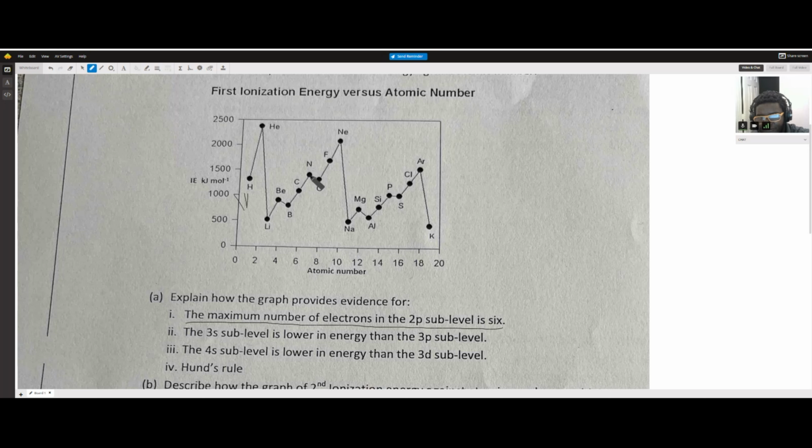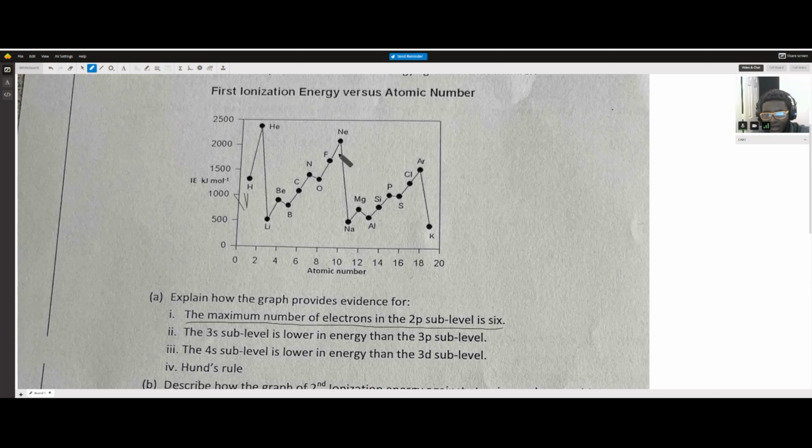They like to be half full, empty, or full. So we can tell that if the maximum number of electrons was 6, going from 3 to 4, it should be easier to ionize the 4th electron and remove it, because it would make the orbital half full, and it is. So that's the second piece of proof that the number of electrons in this sublevel is 6.